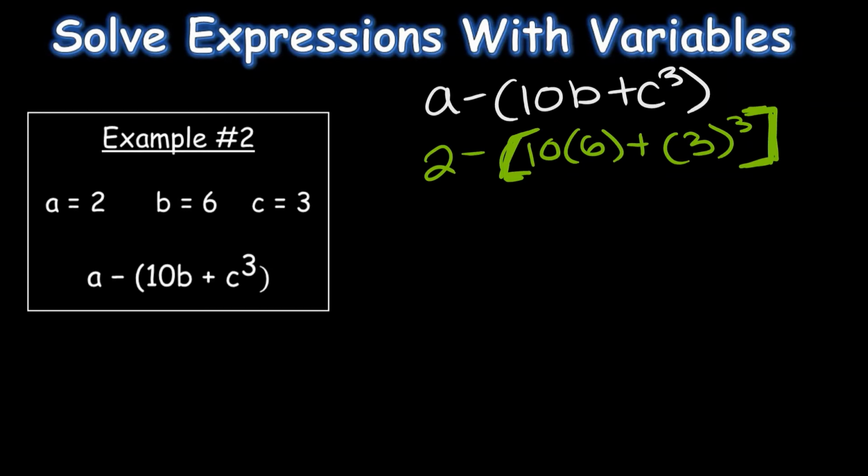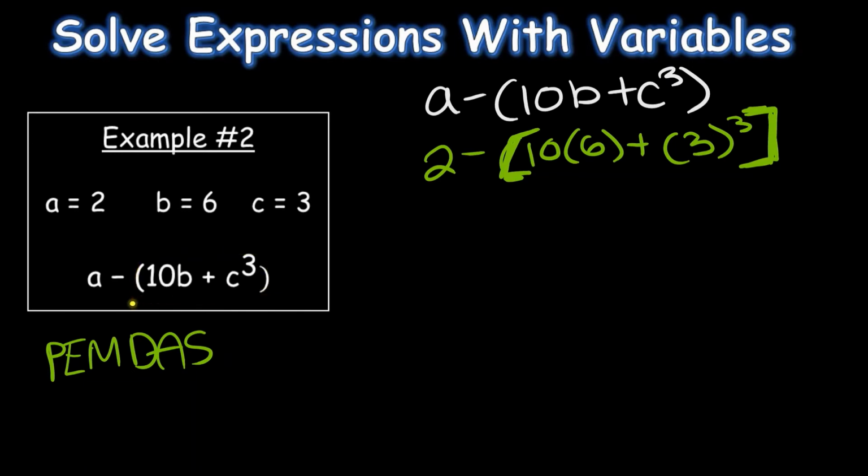Again, we're going to follow the order of operations to simplify this, so PEMDAS. And since our expression has parentheses, we are going to look at this first and simplify this section first.